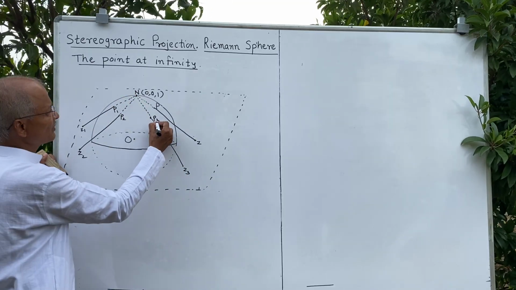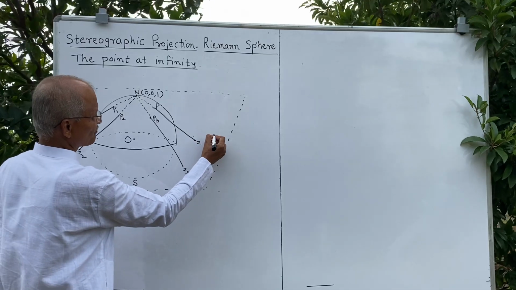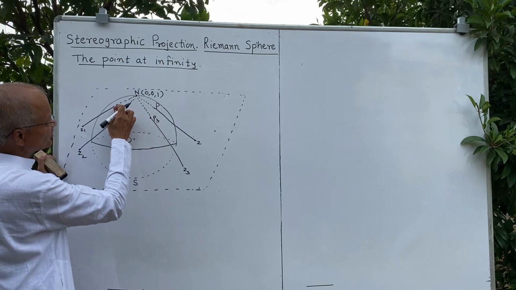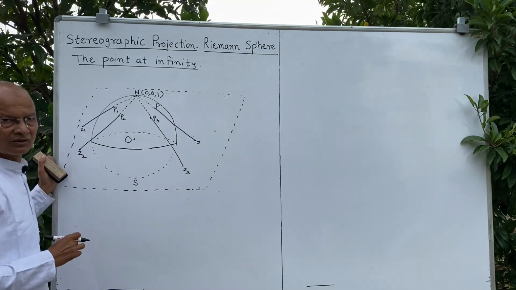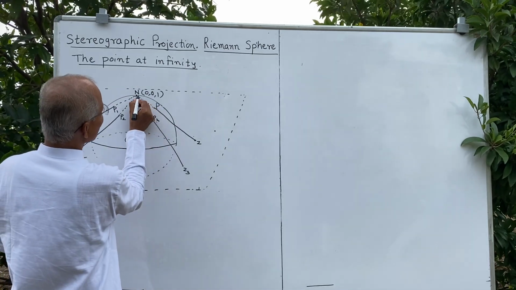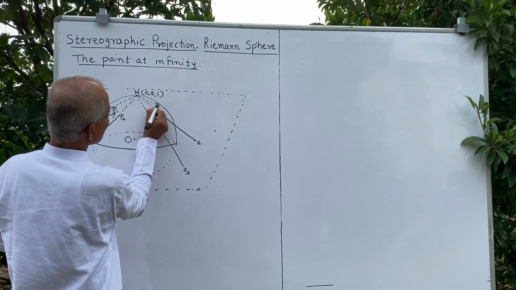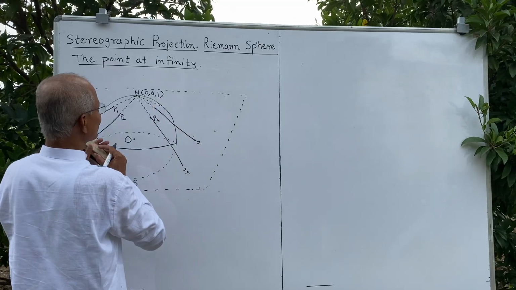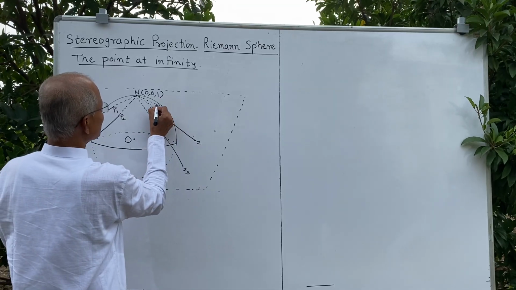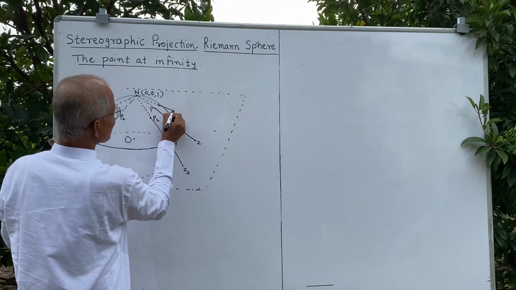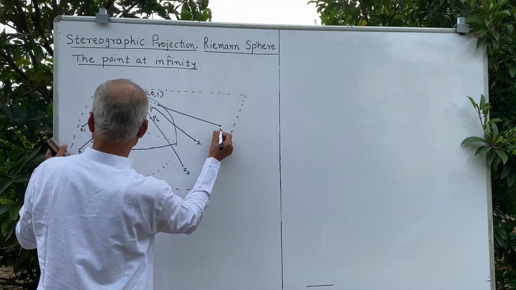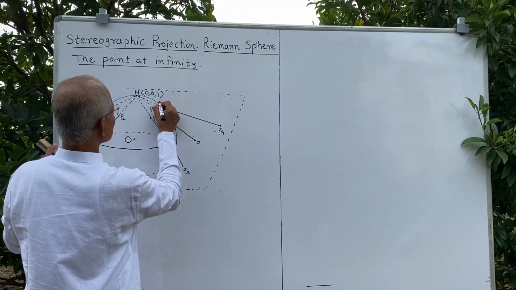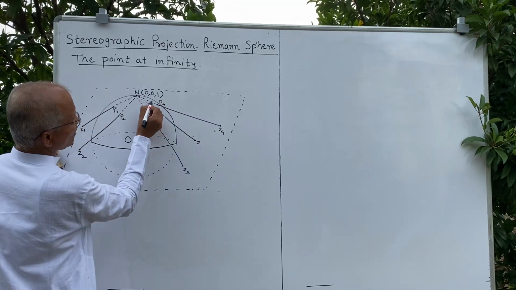So, this is the point P3, and as we move farther, the point on the sphere will approach towards the north pole. Suppose this is the point z4, and this is the point P4, and so on.